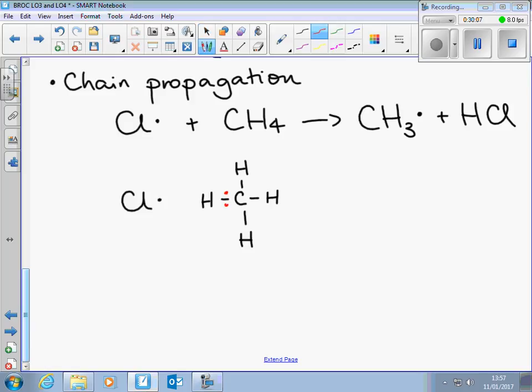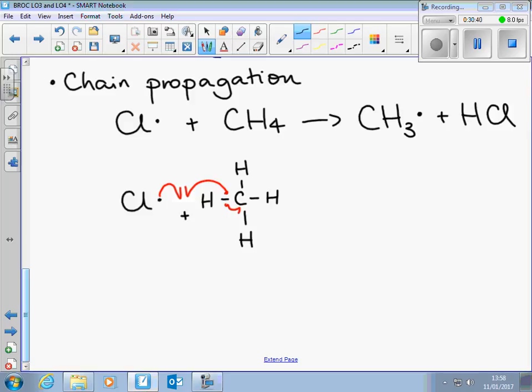Right, let's do it this way. One of those electrons then goes back to form our methyl radical. We'll have this odd unpaired electron. What's rather good about drawing it this way round is that that goes in there, that goes in there. That's a far better way of drawing it. And so the odd electron that's being carried by the chlorine joins with one of the electrons that was in that bond there.